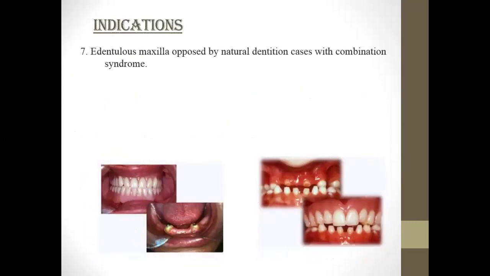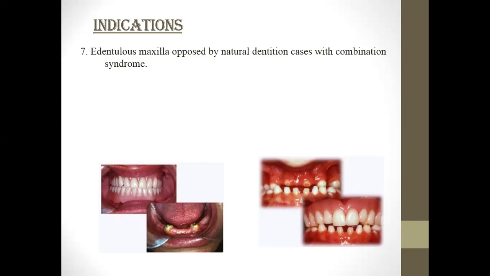And then we have edentulous maxilla opposed by natural dentition. This is called combination syndrome. In combination syndrome, what happens is it usually occurs in edentulous maxilla, and the opposing arch has a class 1 Kennedy's arch.